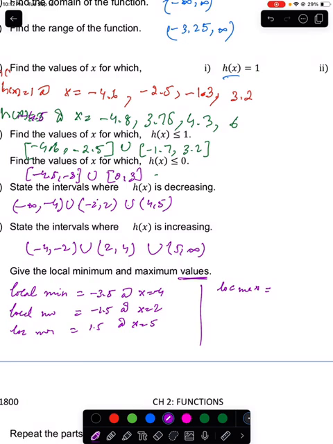Then again local max, where does it happen? It happens at 4, and the value is 4. So this is how we can find the information from the graph. Okay, I think I'll stop here and do the next example on the next video.